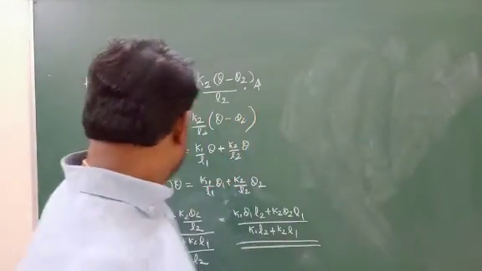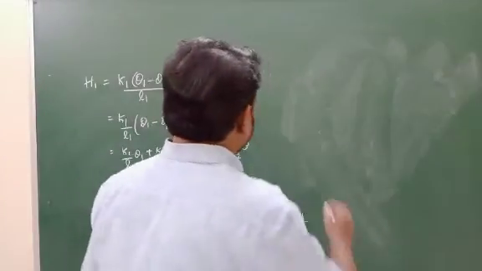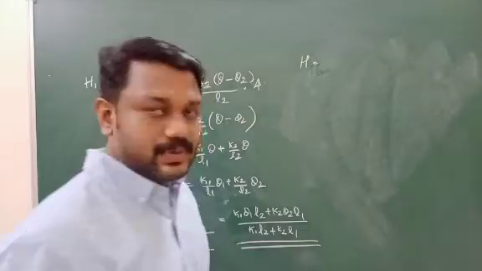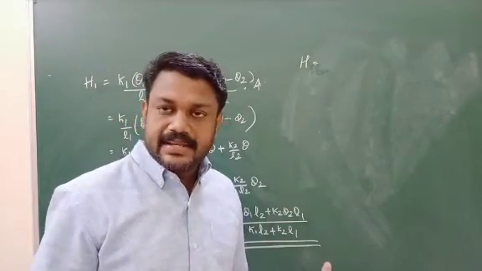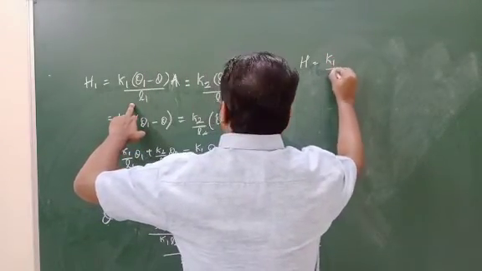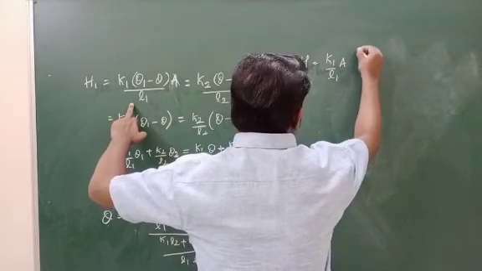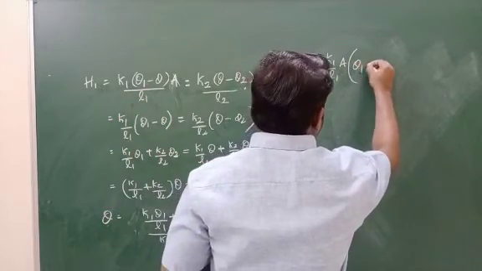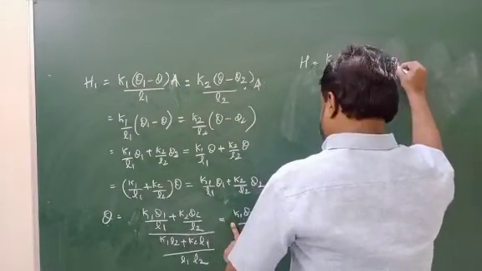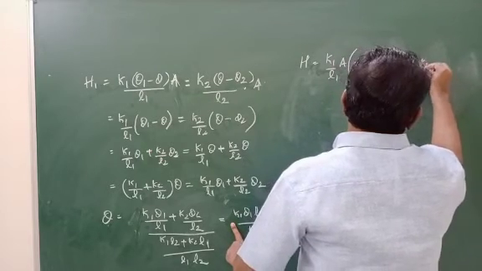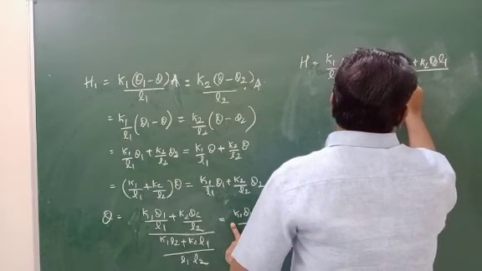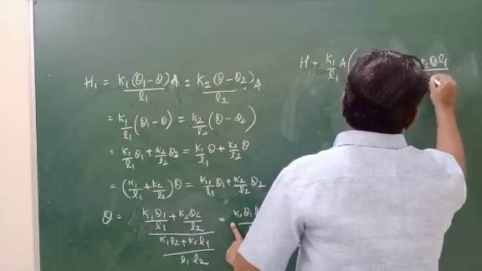So we now have the interface temperature theta. Then you can go for H1. H1 or H is the same, because H1 and H2 are the same as they are connected in series. So the same amount of heat is flowing through both the conductors. So H equals K1 by L1 into A multiplied by theta 1 minus theta, where theta is K1 theta 1 L2 plus K2 theta 2 L1 divided by K1 L2 plus K2 L1.